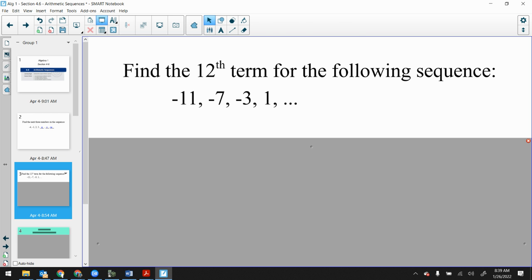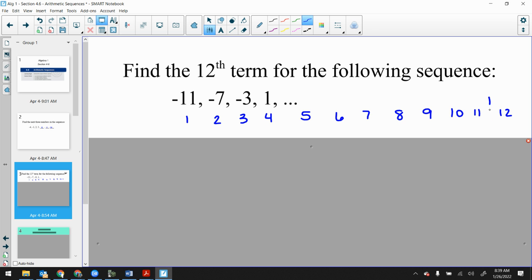Sure, it's going to take me a little bit, but let's find the 12th term in this sequence. I'm going to write underneath it the term number. Term number 1, term number 2, term number 3, the 4th, 5th, 6th, 7th, 8th, 9th, 10th, running out of room, 11th, 12th. So I'm going to make myself a little table here with my term number on the bottom, and then I'm going to write this out on the top.